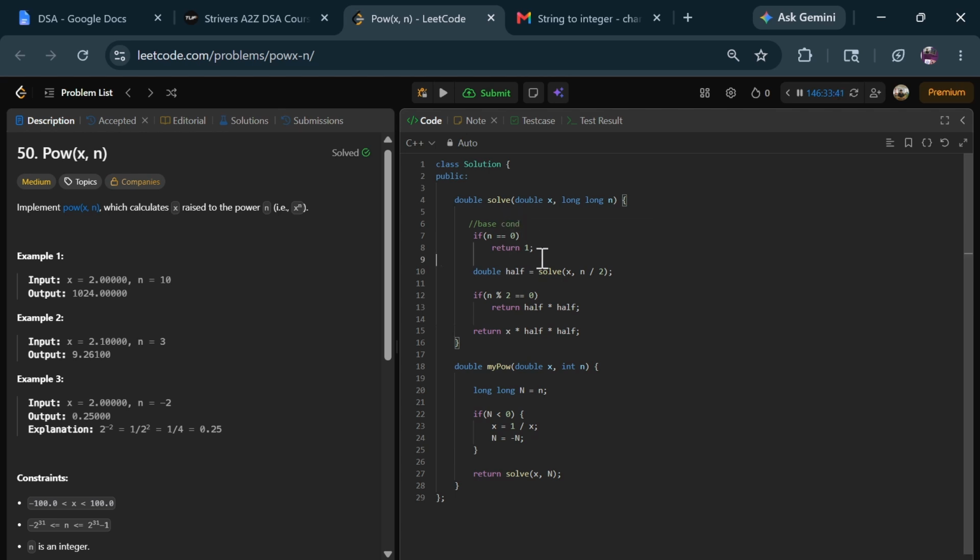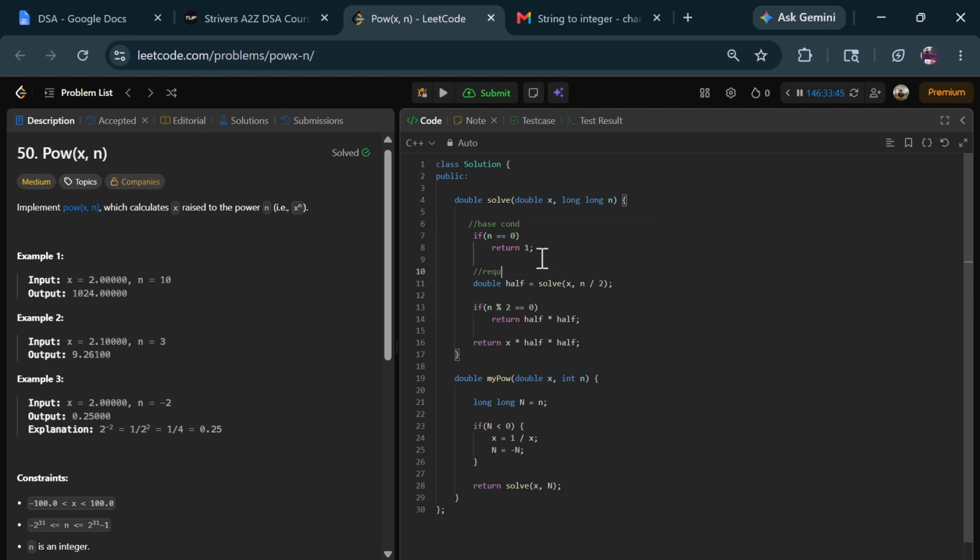After that we calculate the required condition, and finally we call the recursive function. If n is 0, we return 1 directly. If not, we take half of n. If n is even, we calculate half into half. If n is odd, we calculate x into half square.